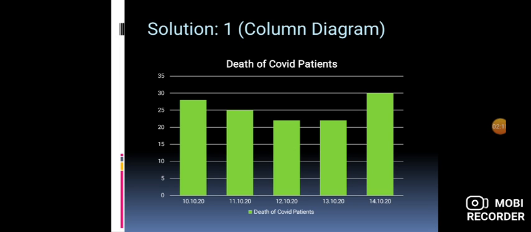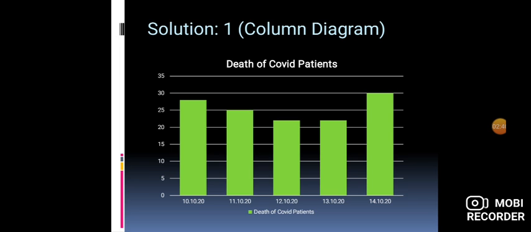On 10th October, in the passage it is given that 28 patients died. You see, on 10th October, the solid green bar goes up to 28 on the y-axis, which shows that 28 people died on 10th October.